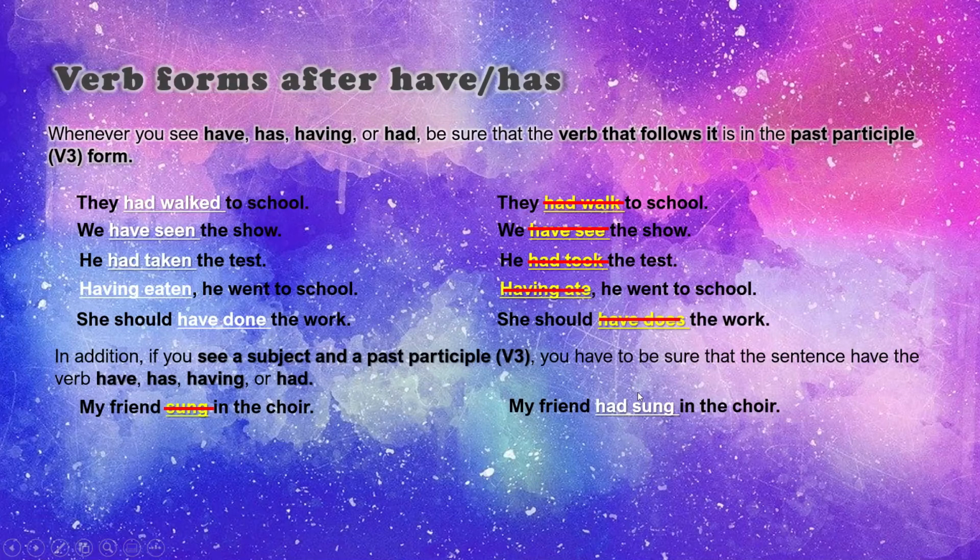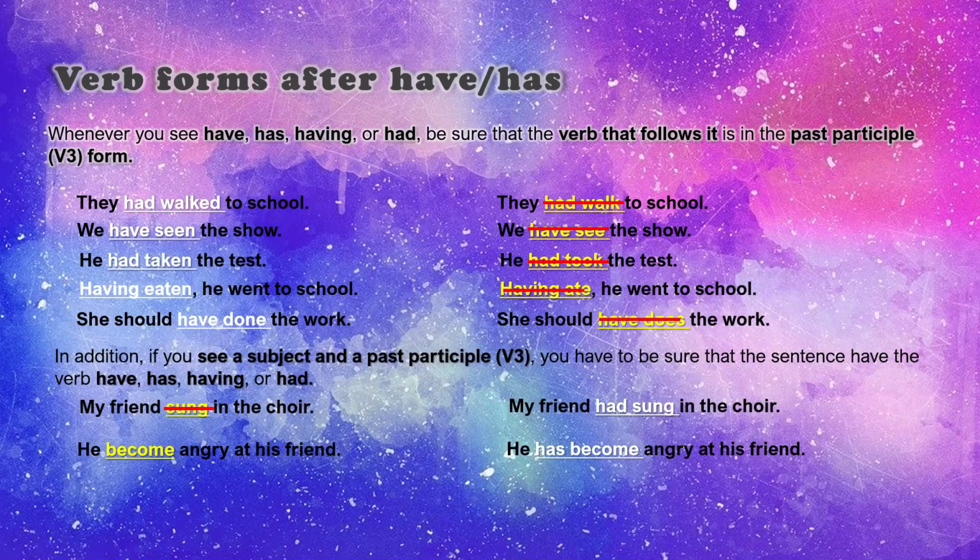Depends on the time. And this one, "he become angry at his friend." Become can be verb 3 or verb 1. But look, become here does not contain s, which indicates verb 1. So become here should be verb 3. But there is no have or has here.